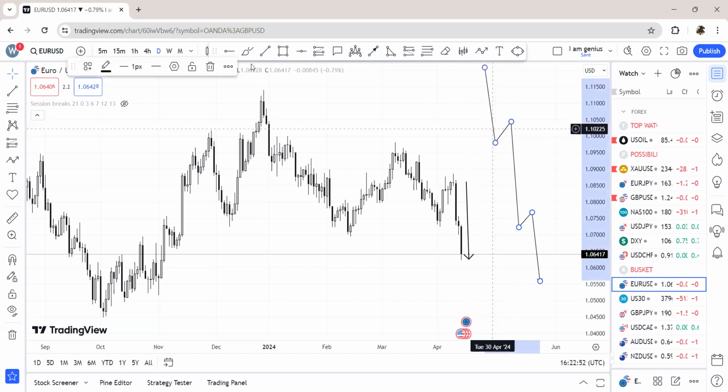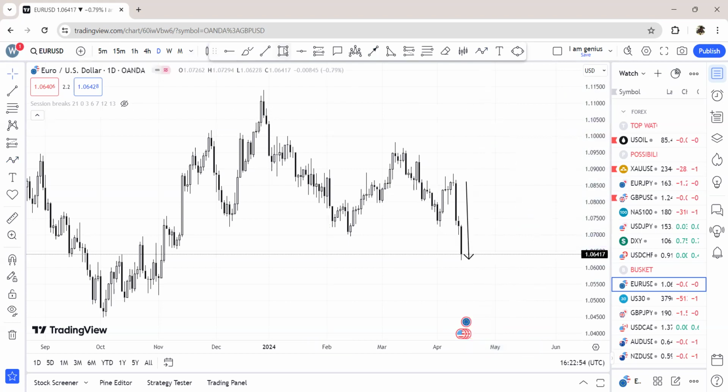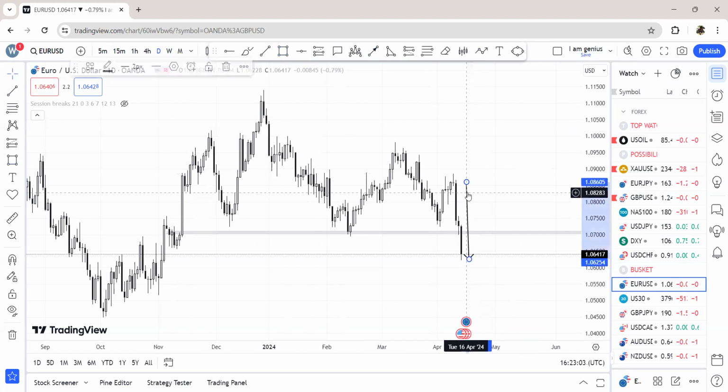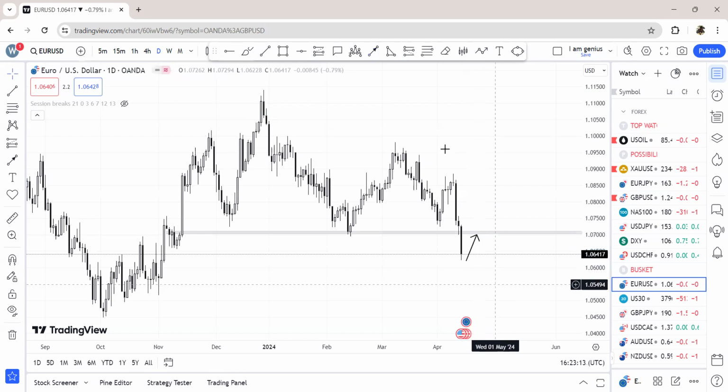So what I'm saying is most likely this market is going to retrace back to this level. So what we can expect is this market will try to retrace a little bit all the way back to this level before it continues going down.